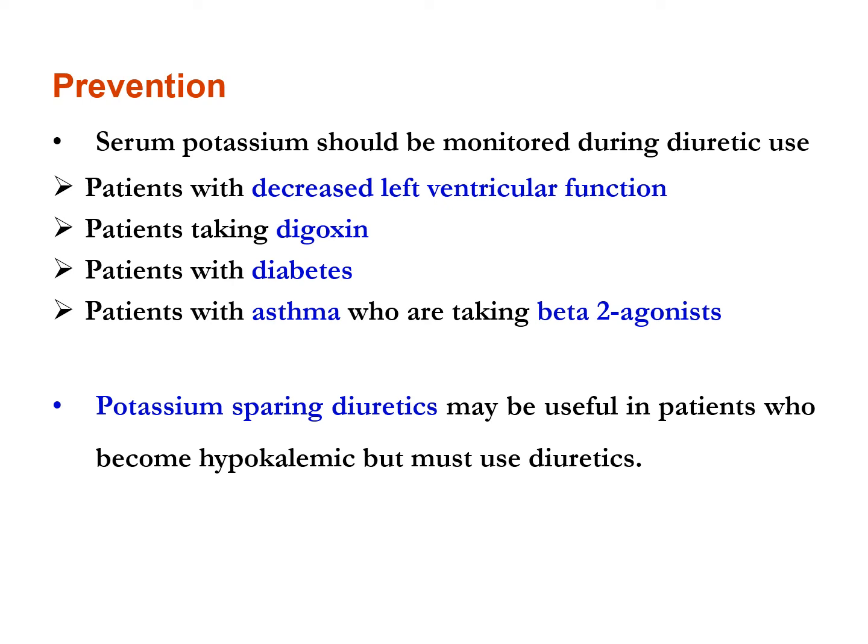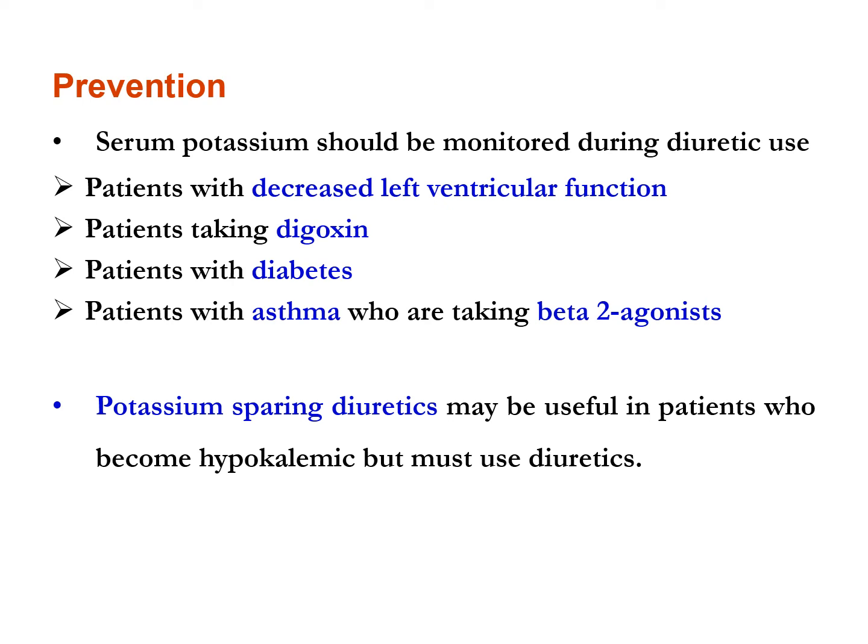It is important also to prevent hypokalemia. How to prevent hypokalemia? Serum potassium should be monitored during diuretic use, especially in high-risk patients, such as patients with decreased left ventricular function, patients taking digoxin, diabetic patients, and asthmatic patients who are taking beta-2 agonists.